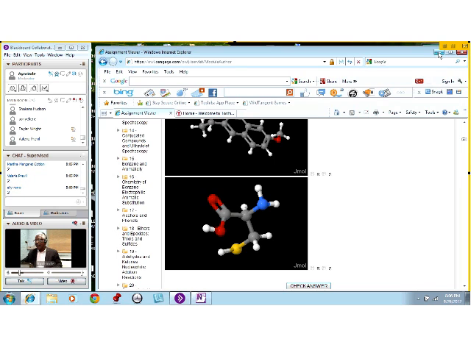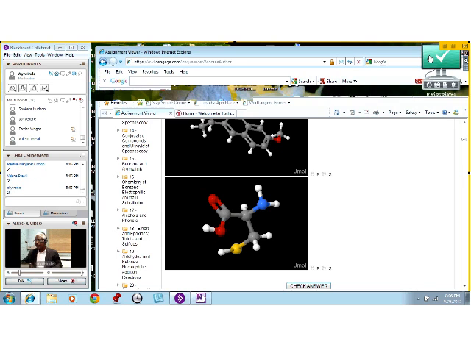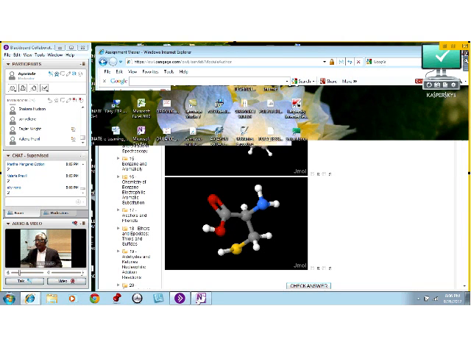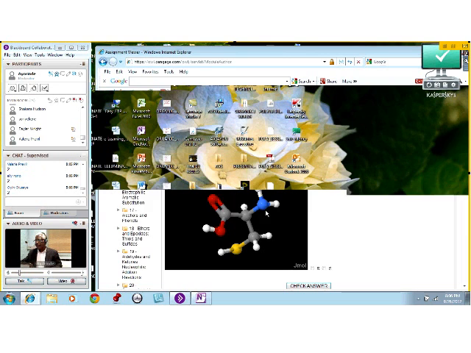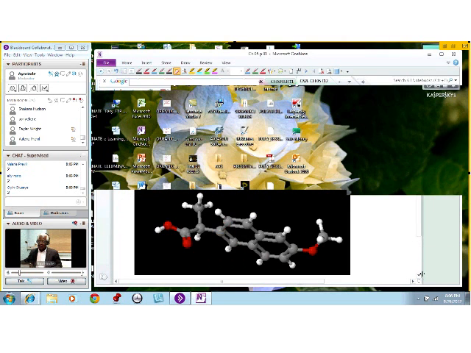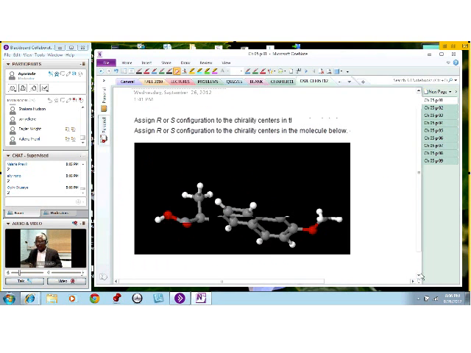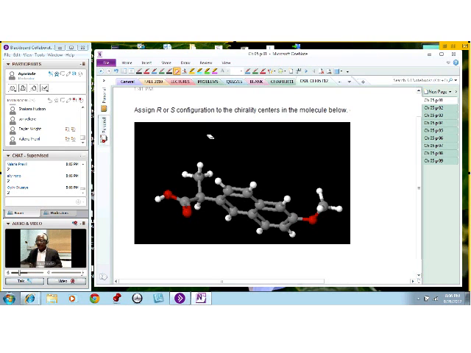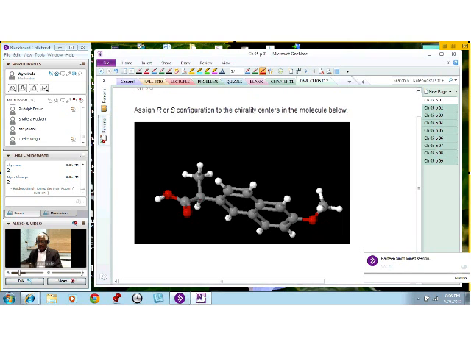So let me go to my notebook. This is the problem here. We have to determine the absolute configuration R or S for the chirality center. Now we all agree that this molecule only has one chirality center, and that is this one here.